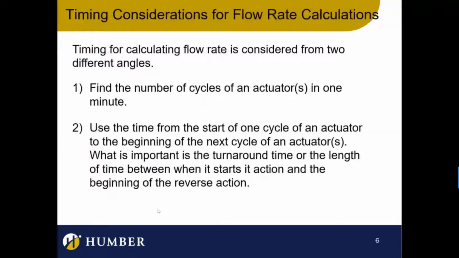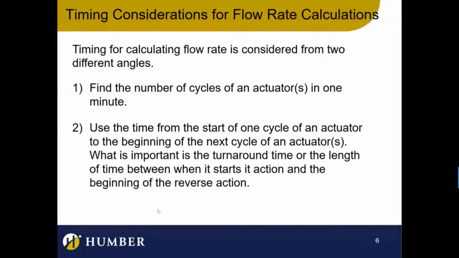Moving forward, the timing for calculating flow rate is considered from two different angles. If I'm taking a look at a cylinder in a process, it's going back and forth and back and forth.